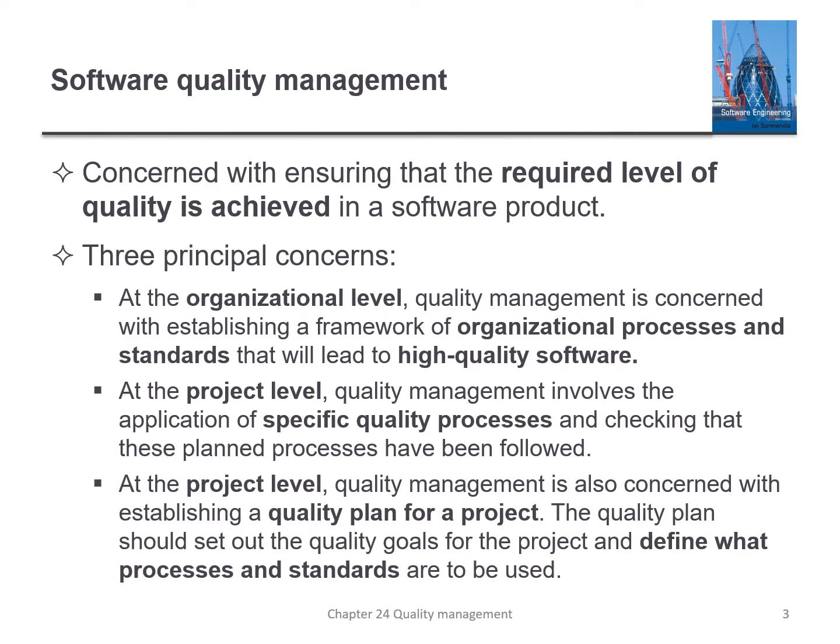Okay. So when we are talking about software quality management, it is actually focusing on trying to achieve the required level of quality related to the software product. And when you look at software quality management, we can look at it from two perspectives. The first one is from the organization level, the company level, and the second one is from the project level.